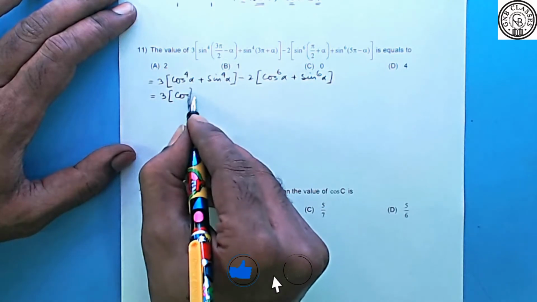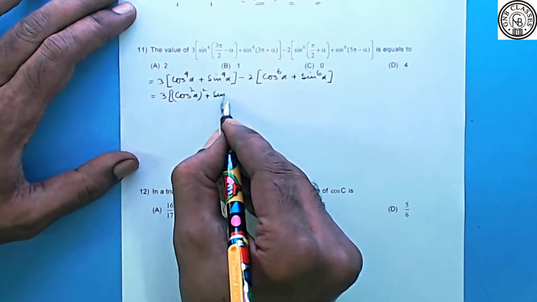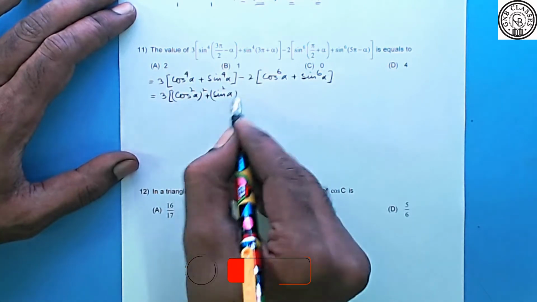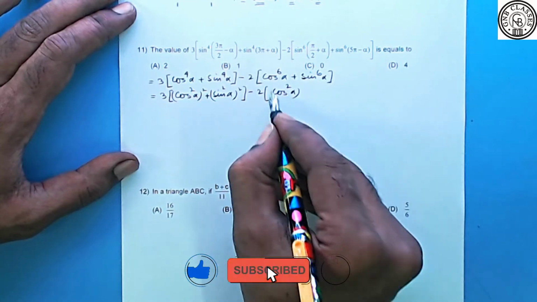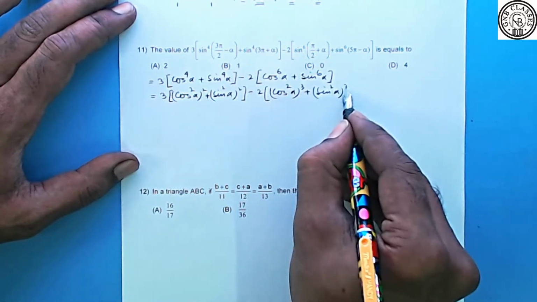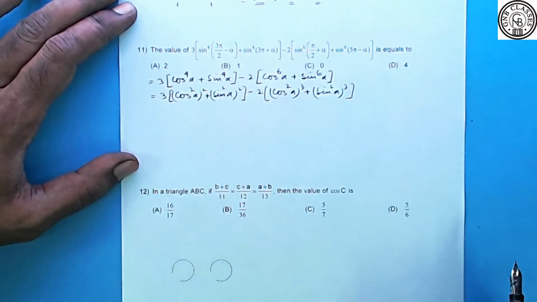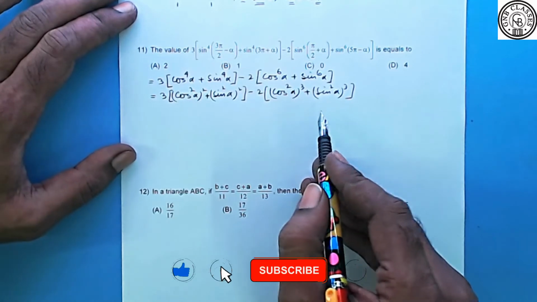So this can be written as cos square alpha whole square plus sin square alpha whole square, and for the second one it is cos square alpha whole cube plus sin square alpha whole cube. For the first one we are applying the formula of a square plus b square, and for the second one we are applying the formula of a cube plus b cube.